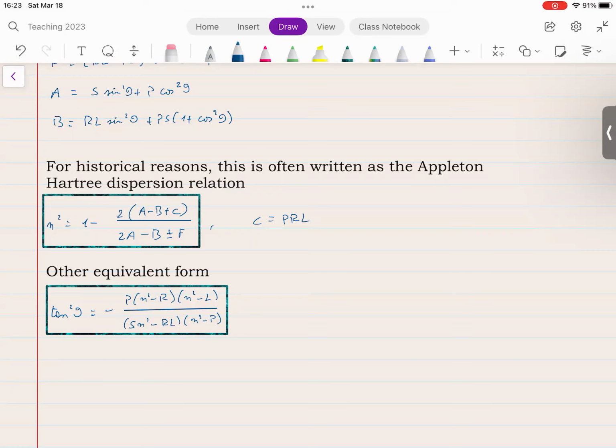Now, the tangent form of the dispersion relation also allows us to easily identify some special cases.